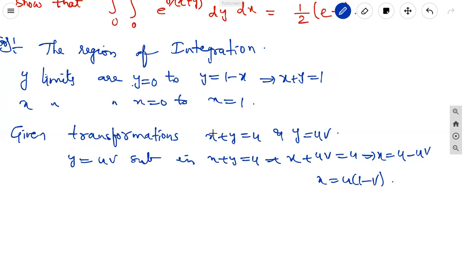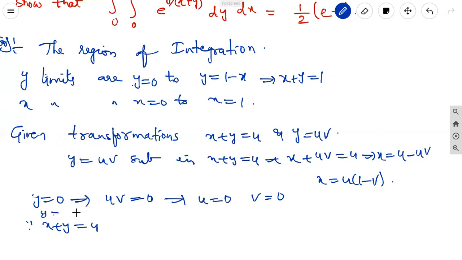Now we can transform the xy limits to uv. Here, in the limits of y equal to 0, then uv equal to 0. From this, either u equal to 0 or v equal to 0. In another case, x plus y equal to 1 is the limit of y equal to 1 minus x.